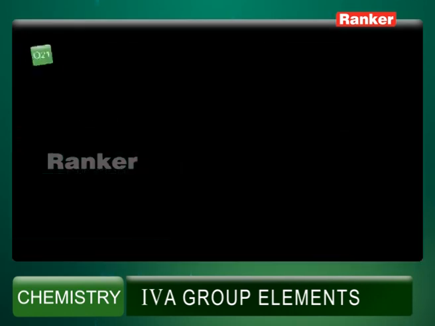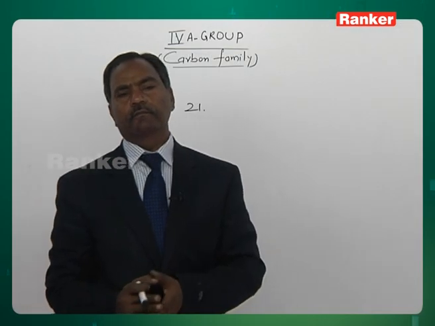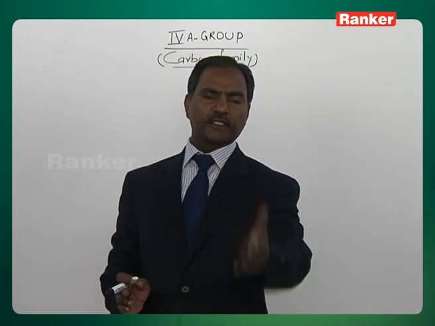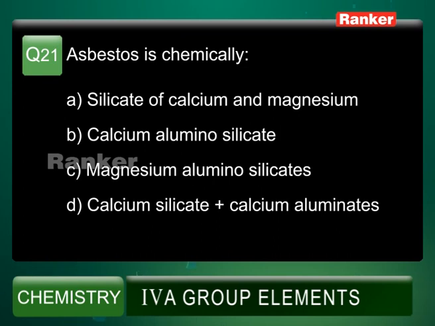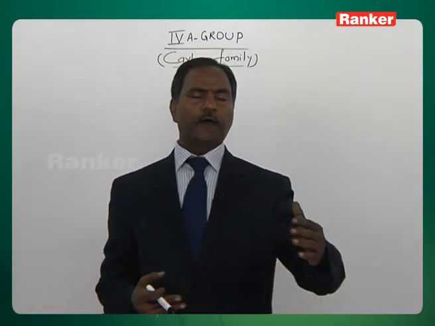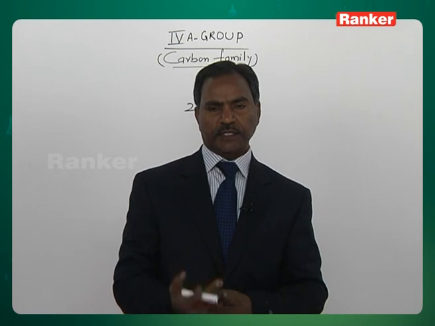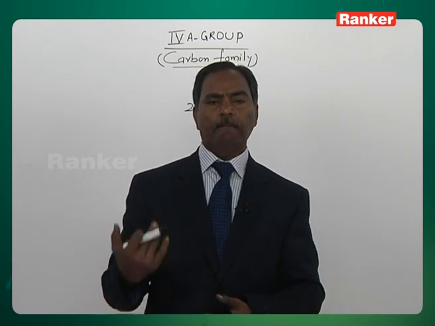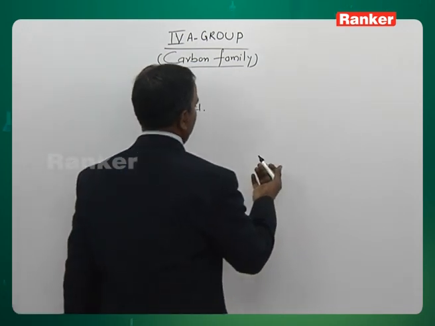Question number 21: asbestos is chemically what? Remember some of the chemical formulae, it's easy to answer such questions. The options are silicate of calcium and magnesium, calcium aluminosilicate, magnesium aluminosilicate, or calcium silicate plus calcium aluminate. Asbestos is a silicate of calcium and magnesium. What is the chemical formula of asbestos?